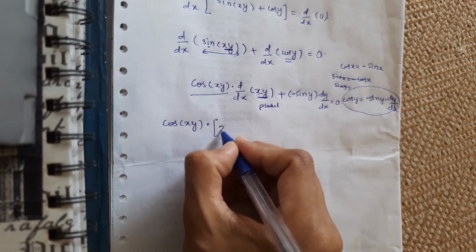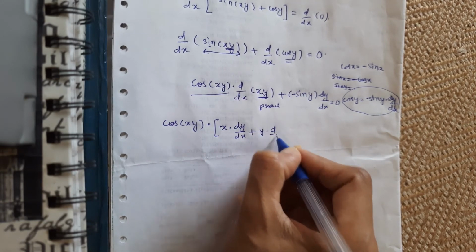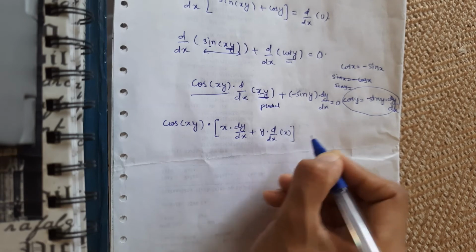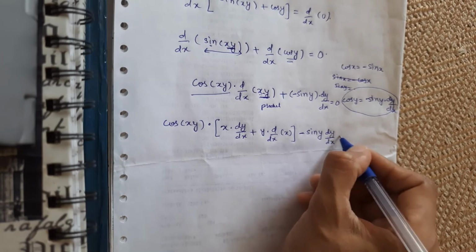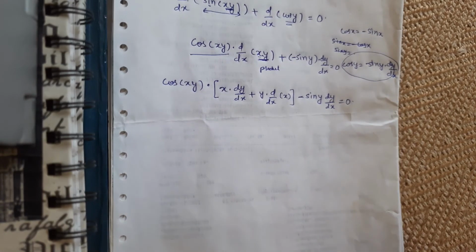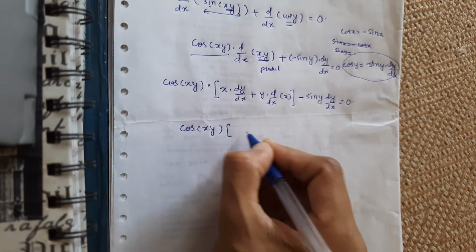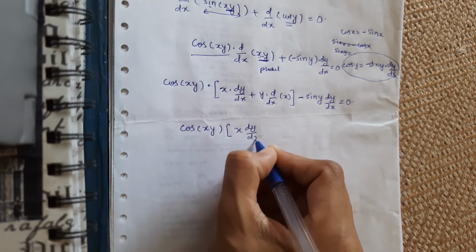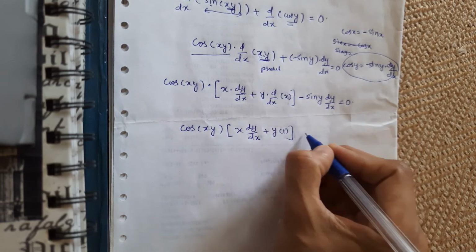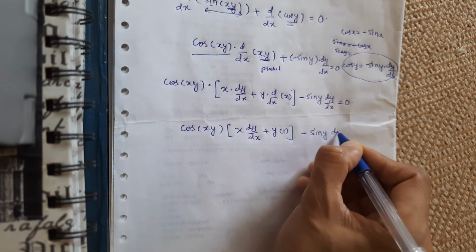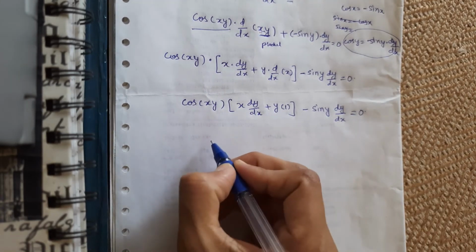So I'll apply first function into derivative of second plus second function into derivative of first, minus sin y dy/dx equal to 0. Okay, now cos(xy) into x dy/dx plus y into 1, the derivative of x is 1, minus sin y dy/dx equal to 0.